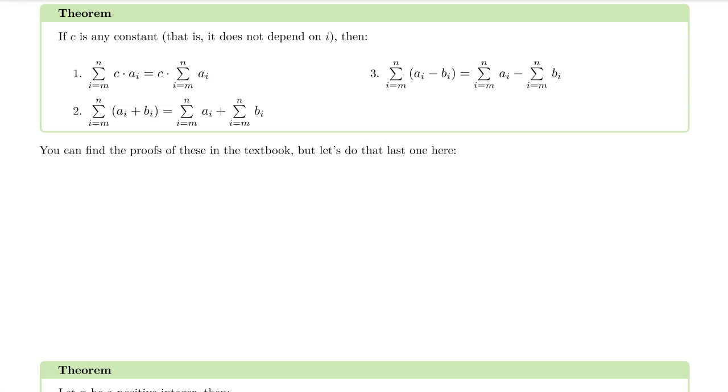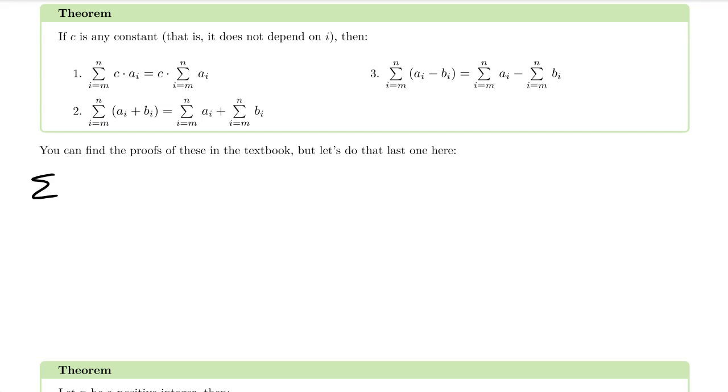Part 2 of the theorem says that if you are summing a sum, you can break those into 2 separate summations. And part 3 of our theorem says if you are summing a difference, you can split that up into 2 different summations and then subtract them. So you can find the proofs of these in the textbook, but let's do the last one here.